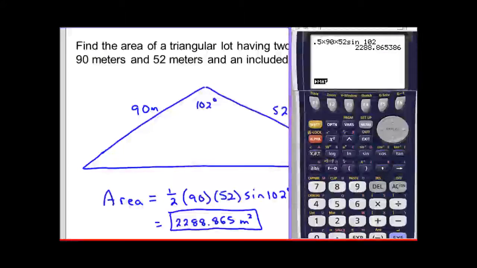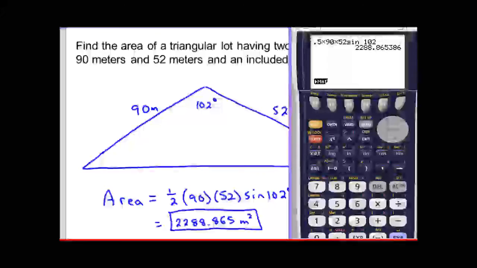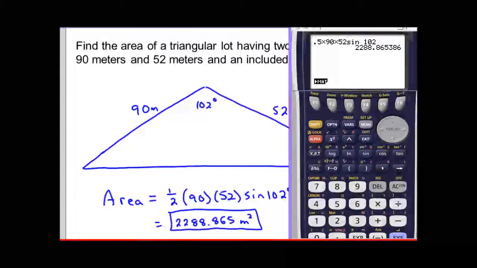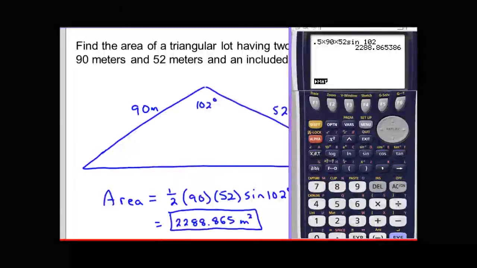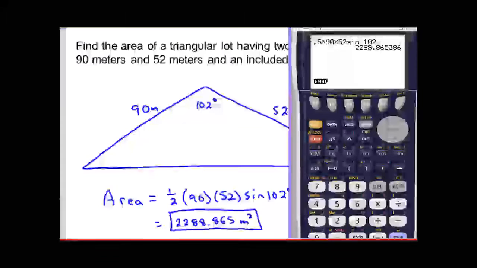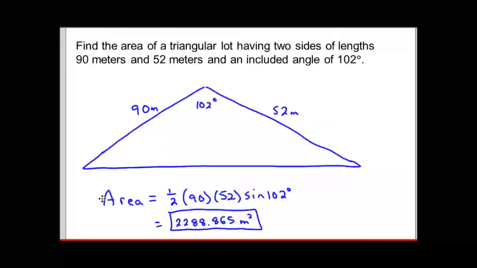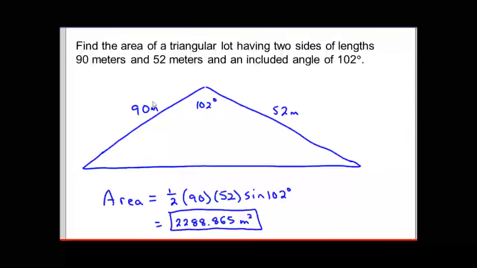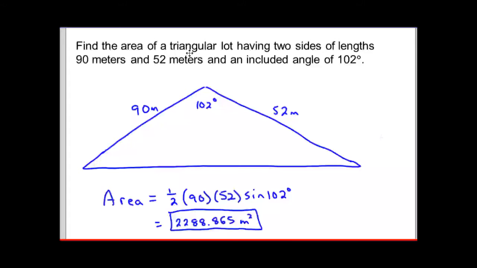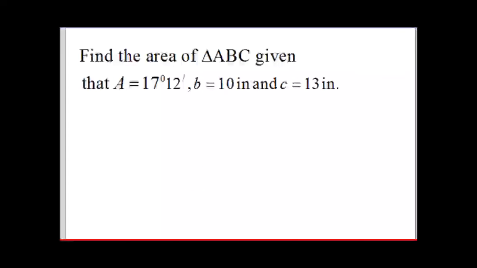Right? So this formula makes that pretty darn easy. If we wanted to, maybe in class I'll show you where that formula comes from. Okay? But for practical purposes, you take 1/2 times the product of two sides times the sine of the angle in between.